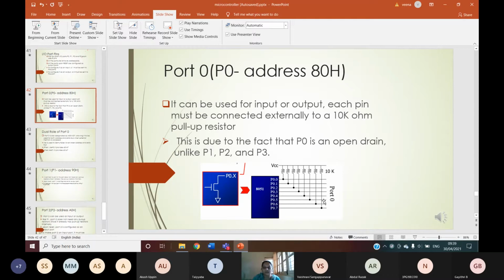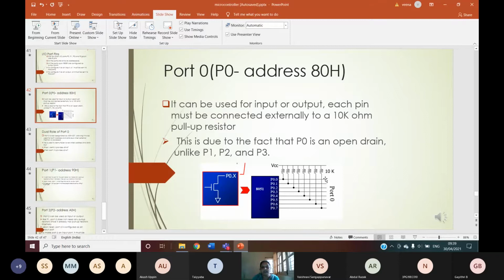Only port 0 has the open drain internally. Around 10k ohm pull up resistors are used.